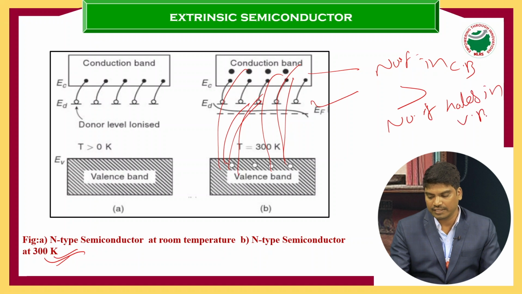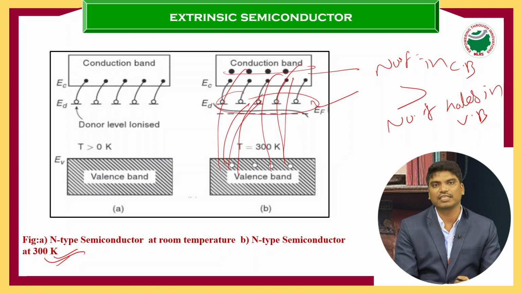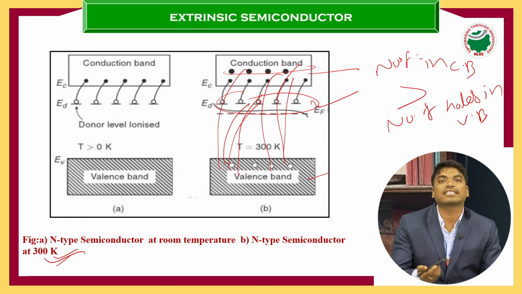in the valence band. Very clear, because the electrons in the donor energy level first jump to the conduction band. There won't be any loss in the valence band because those are extra.